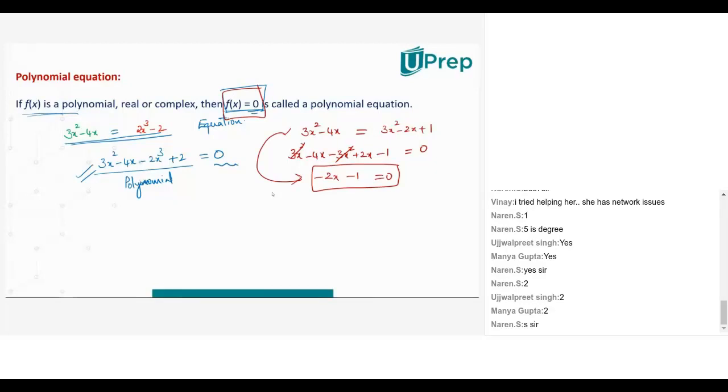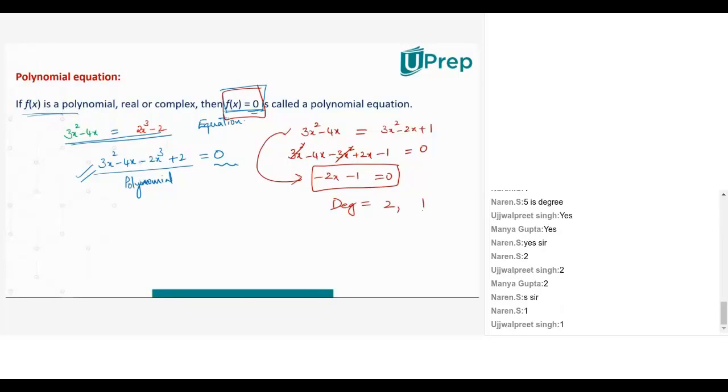Now Naren says 1. Ujjwal says 1. So why do I need the standard form of a polynomial equation? It helps me not only in tomorrow's class and day after tomorrow's class, even the degree of a polynomial can be determined correctly by expressing it in the standard form. Is this clear till now?